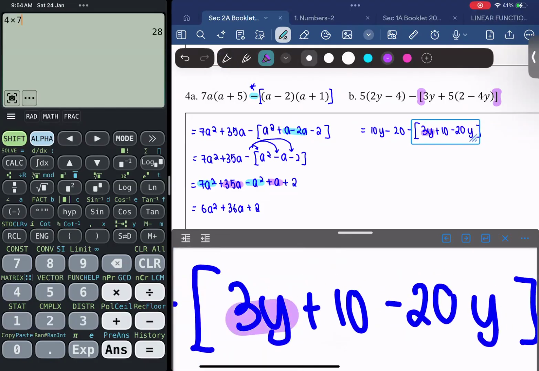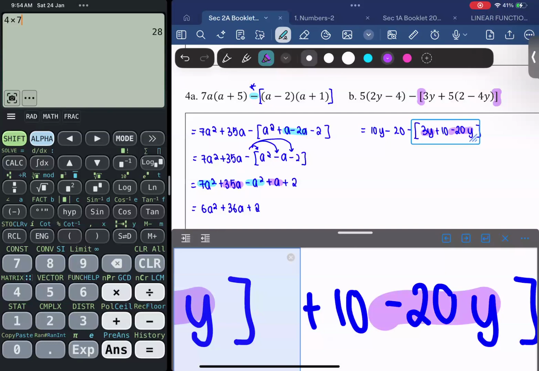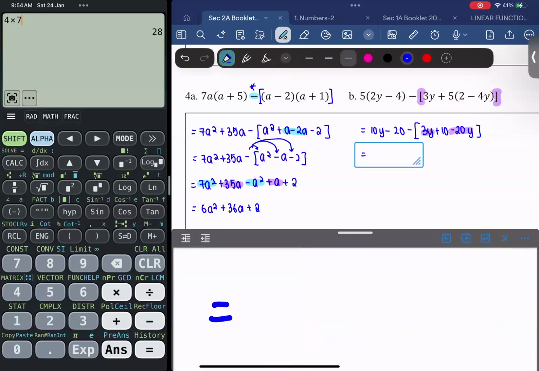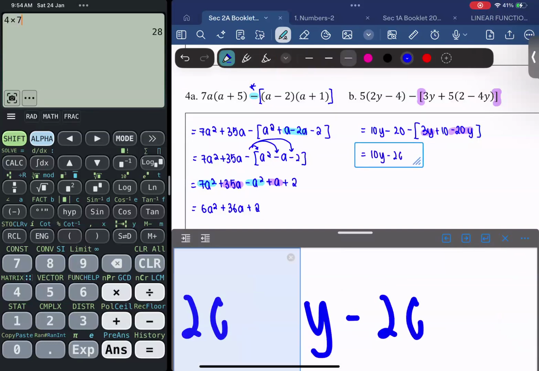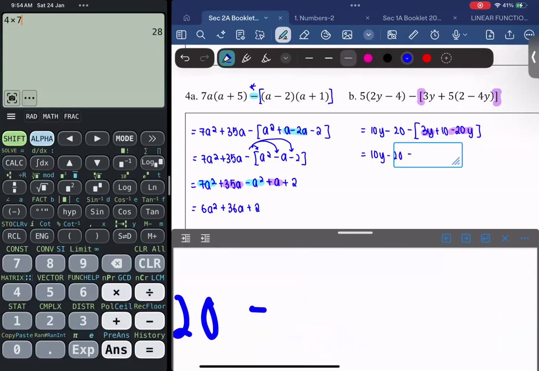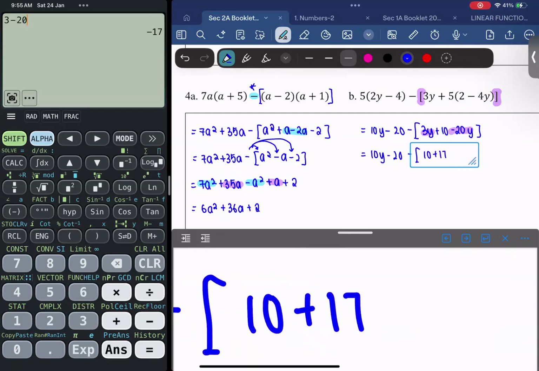Y and y, you can simplify that. 10y minus 20 minus 3 minus 20, right? 10 plus 17y.